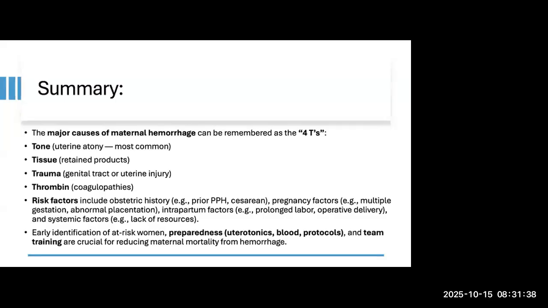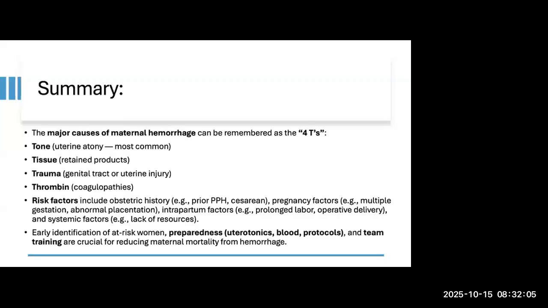You have intrapartum factors like prolonged labor. When you have prolonged labor, maybe during that labor process they have given you uterotonics like syntocinon. So at some point, the receptors are all occupied and there's no sensitivity to the drug. That lack of sensitivity leads to the uterine atony, and eventually the patient can end up having severe hemorrhage.